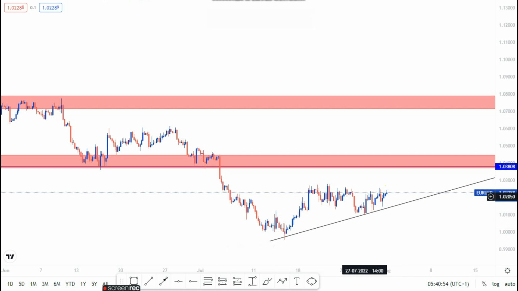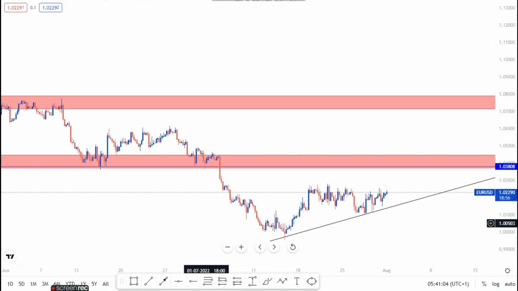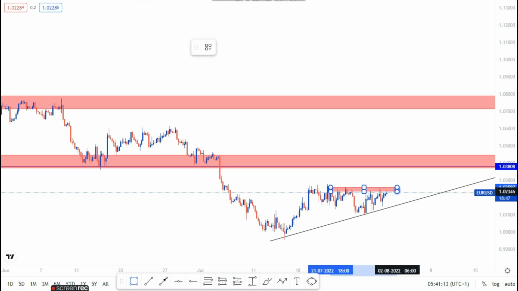The 4 hour is still having this trend line. If you want to be a more conservative trader, then you have to wait for this whole area to break. But me, I'm already on this trade. I'm on this trade from here.